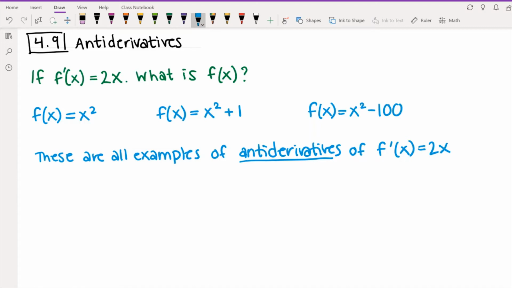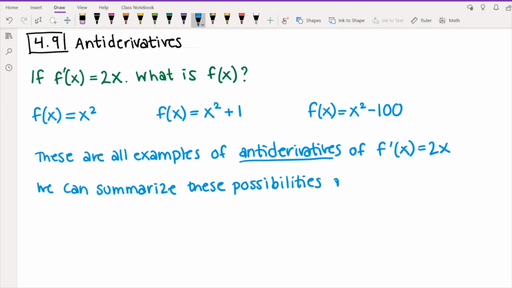So in order to kind of summarize all of those different possibilities, we write it as follows. So we can summarize these possibilities as saying f of x is equal to x squared plus c.